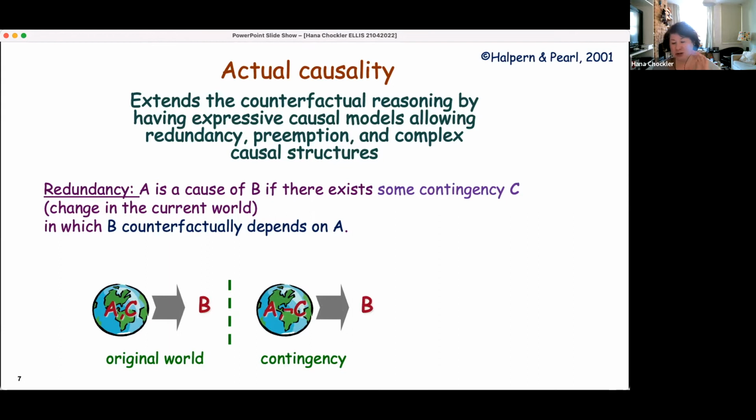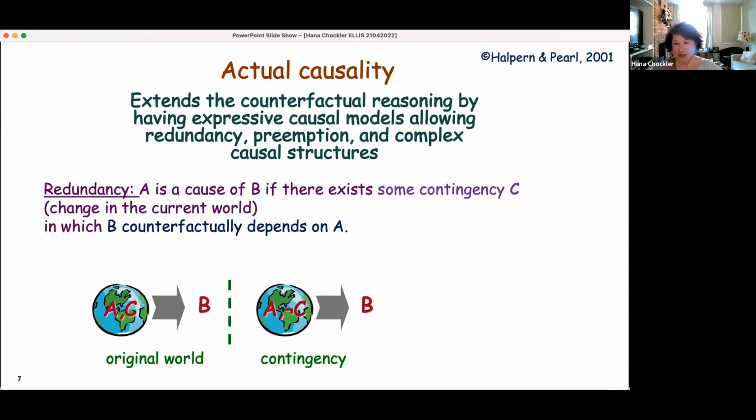But now, we're doing it in 2 steps. First, we introduce a contingency, a change in the current world, which is changing C to not C, or, in case of multivariate variables, changing C to some other set of values.